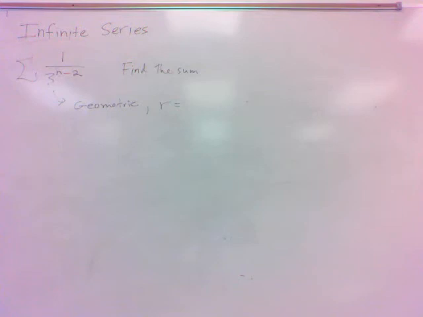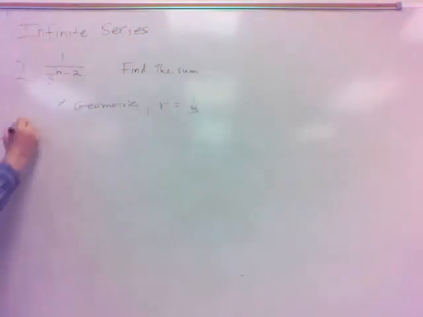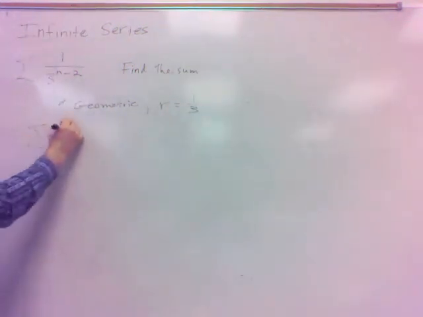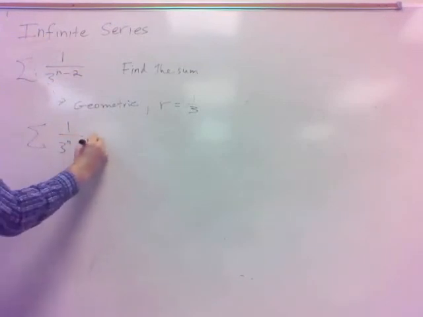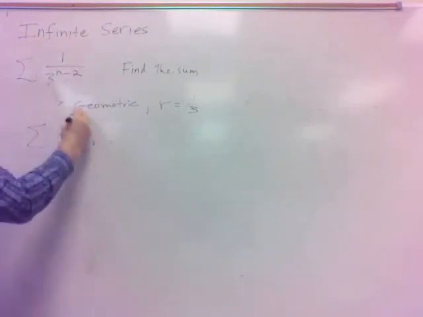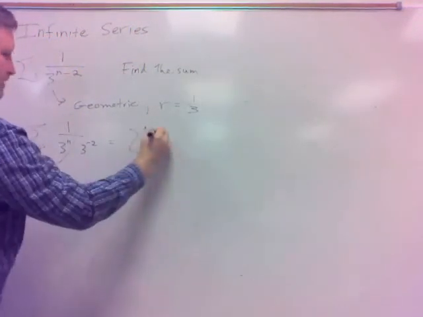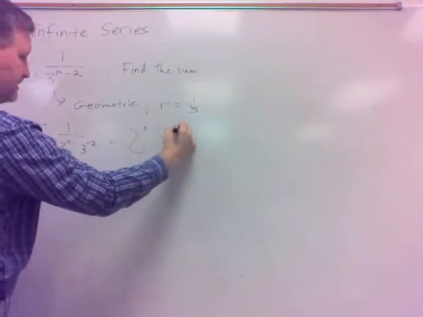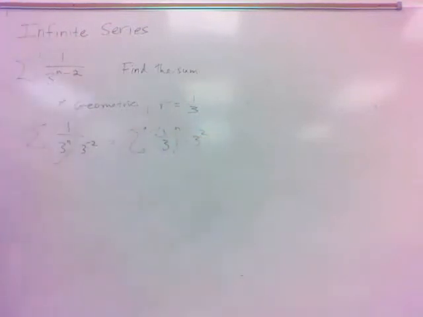It's 1/3. Think here: 3 to the n, 3 to the negative 2. Then you can put these two together. It's 1/3 to the n, and that actually would be 3 squared. So R is 1/3, and this one is summable.